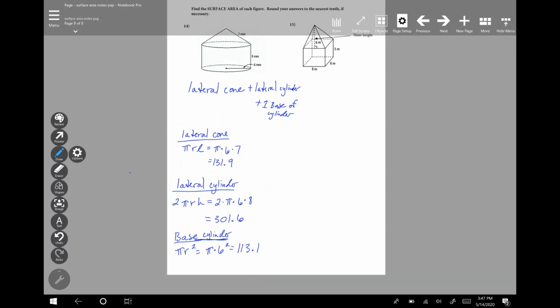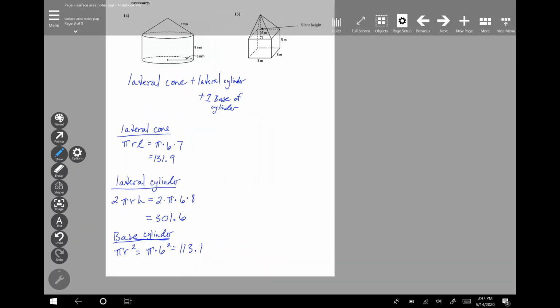Okay, and so now for that total surface area, we're going to take those 3 numbers and add them together. So we have 113.1 plus 301.6 plus 131.9.